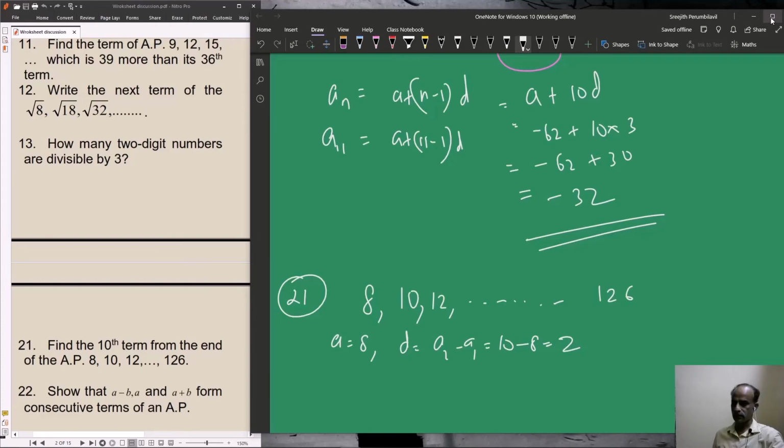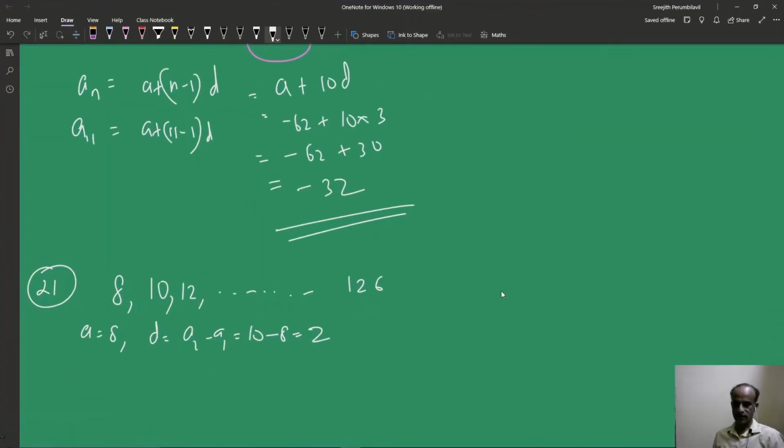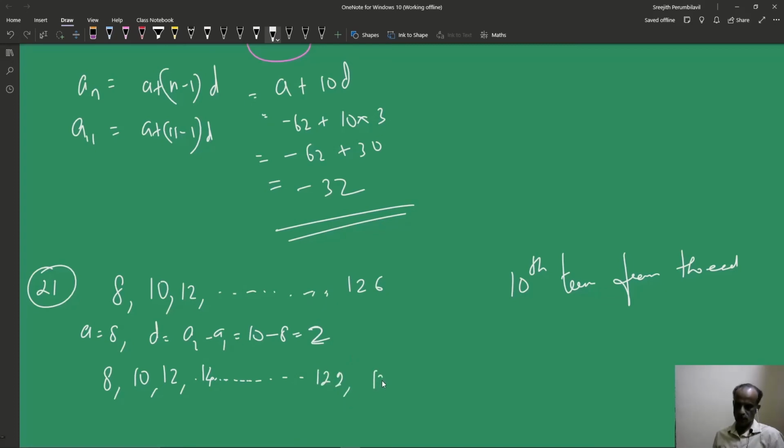We have to find the 10th term from the end. Okay, so I will rewrite the AP: 8, 10, 12, 14, etc. The common difference is 2, which means the term before the last is 2 less: 122, 124 and 126. So what do you do?